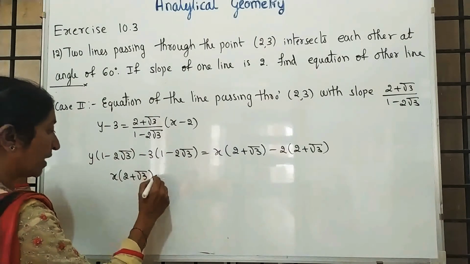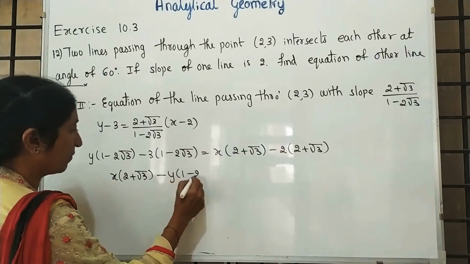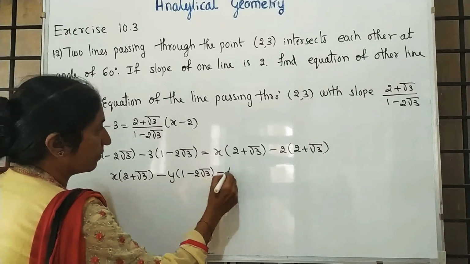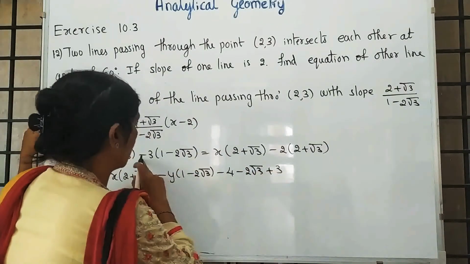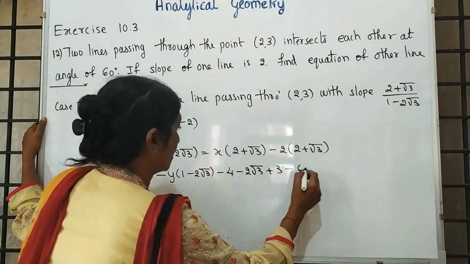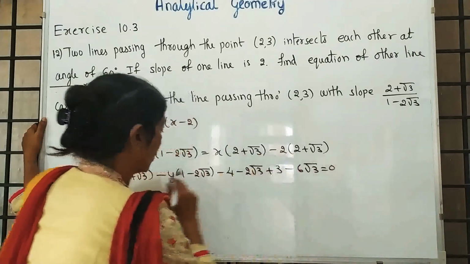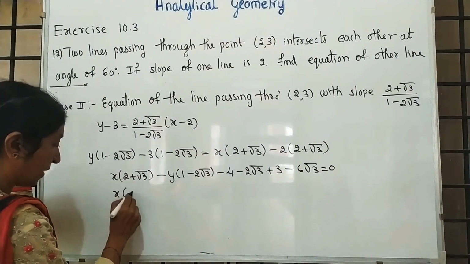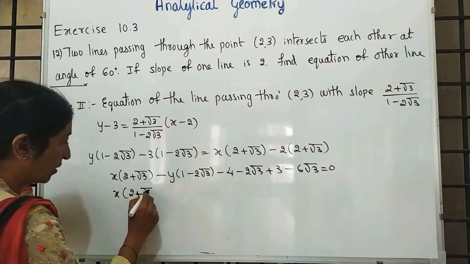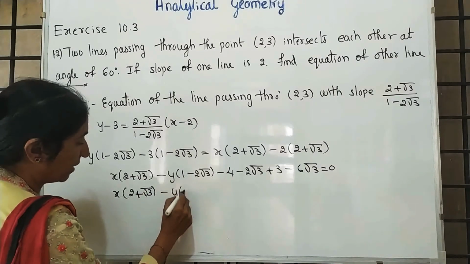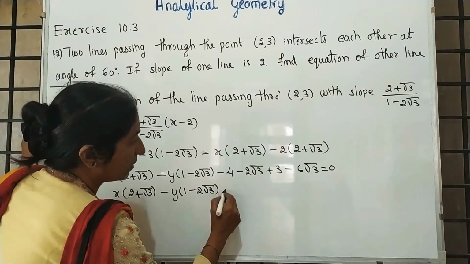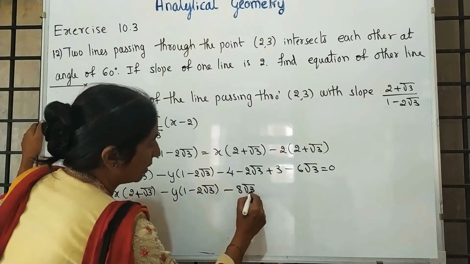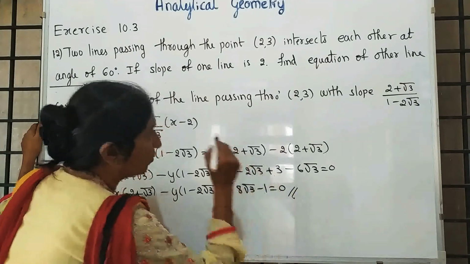This term taking on the right side. Minus y into (1 minus 2 root 3) minus 4 minus 2 root 3 plus 3 minus 6 root 3 is equal to 0. These two terms as it is. x into (2 plus root 3) minus y into (1 minus 2 root 3), and it is minus 8 root 3 minus 1 is equal to 0.